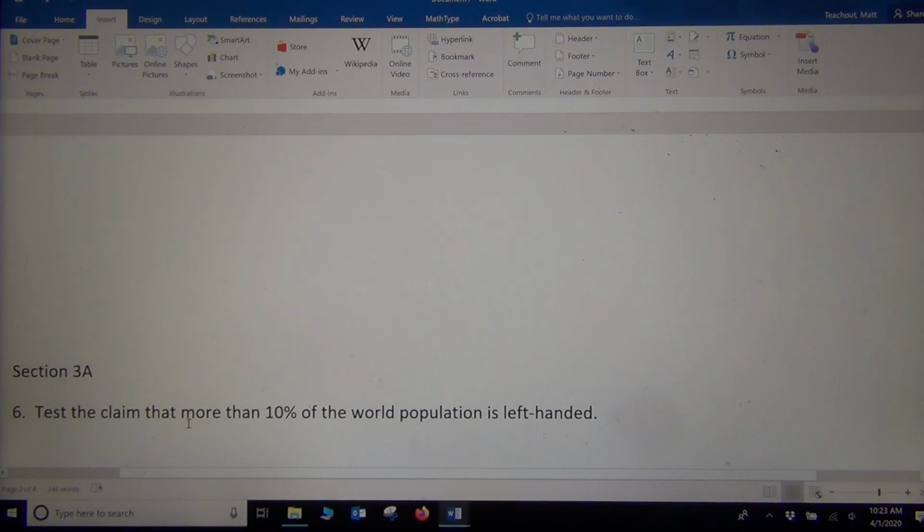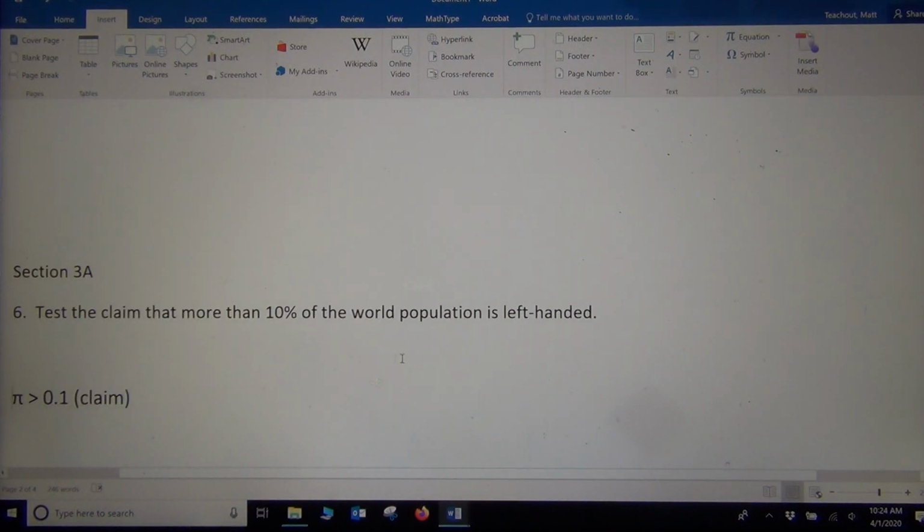So I would write it as pi is more than 0.1. Just divide that 10% by 100 and you get 0.1. So there's my claim. Pi is greater than 0.1, right? And I write the word claim next to it because that's what they said in the article and that's what they think is true.